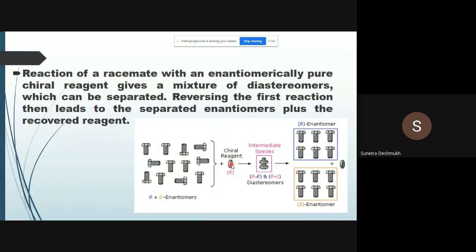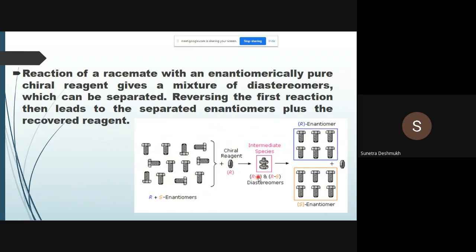We have only one isomer of the chiral reagent, either R or S. So the chiral R reagent complexes with the R enantiomer, and as well with the S enantiomer of the racemic mixture.